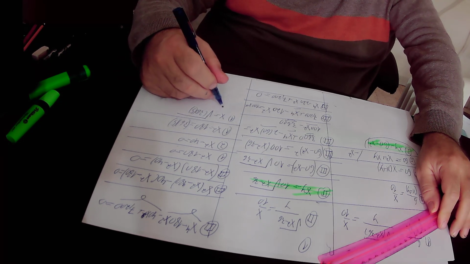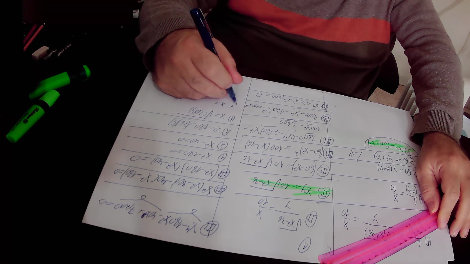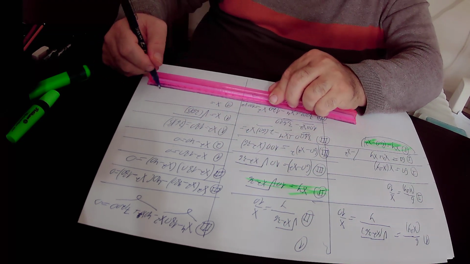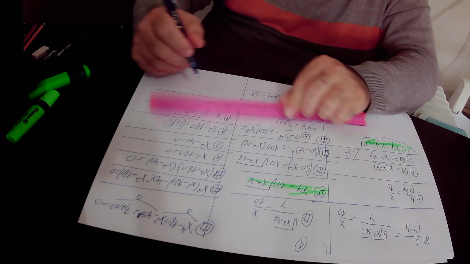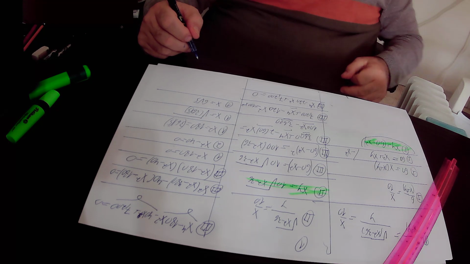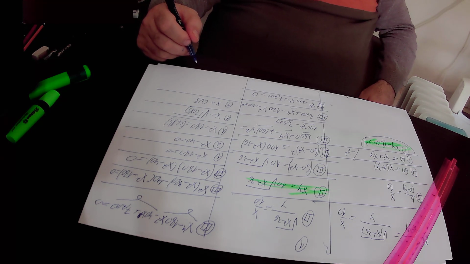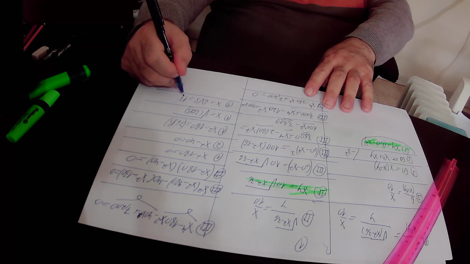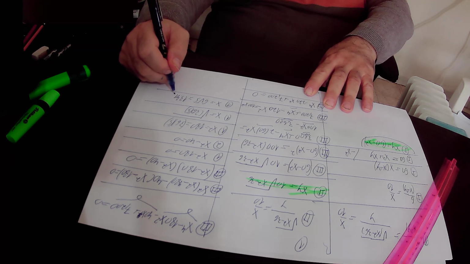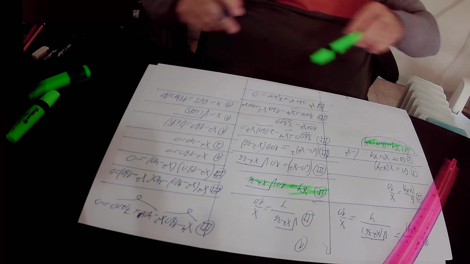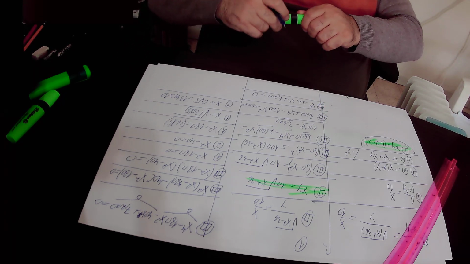So x is equal to the square root of 36, that is 6, times the square root of 5. And 6 times the square root of 5 is equal to 13.41, that is greater than 10 units. This is the first solution for x.